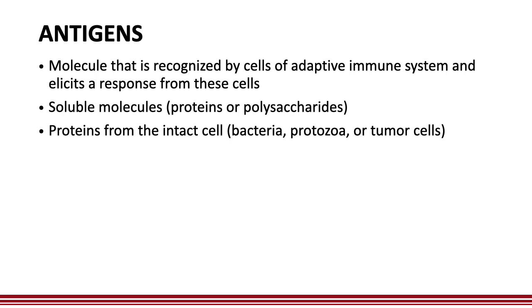They are usually proteins and polysaccharides because these molecules are large enough and varied enough to produce a wide variety of antigenic sites. They are structurally varied. Antigens are usually proteins from intact cells, like bacteria, protozoa, and tumor cells.